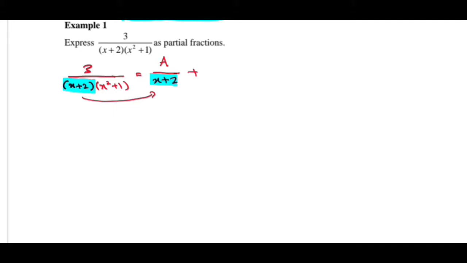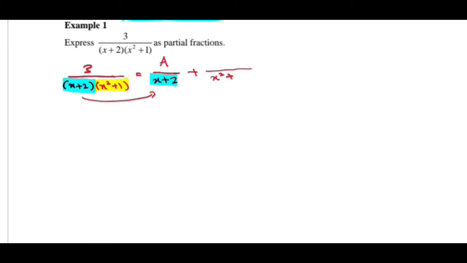Okay? Next, when you look at the next denominator, it's x squared plus 1. This is quadratic, but can this quadratic be factorized into two linear factors? Try it out. And you see that on your calculator, you have that Ri symbol. So it means that you cannot factorize this x squared plus 1.